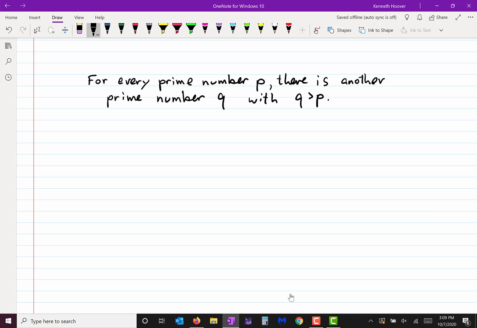How could I write that using quantifiers and symbols?